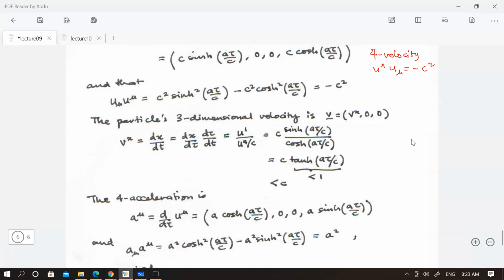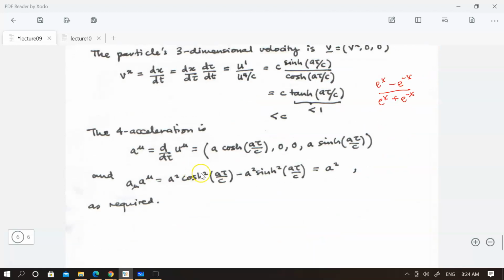And hyperbolic tangent is going to be less than 1 because you remember hyperbolic tangent is given by e to the power x minus e to the power minus x over e to the power x plus e to the power minus x. So the numerator is smaller than the denominator, and that gives you a quantity which is less than 1. So in other words, your three-dimensional velocity is going to be less than c.